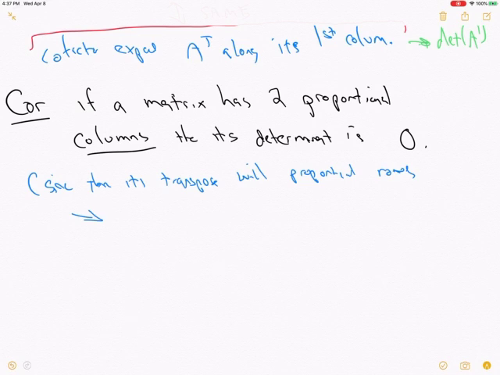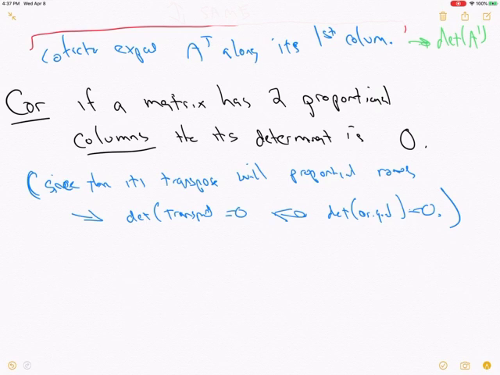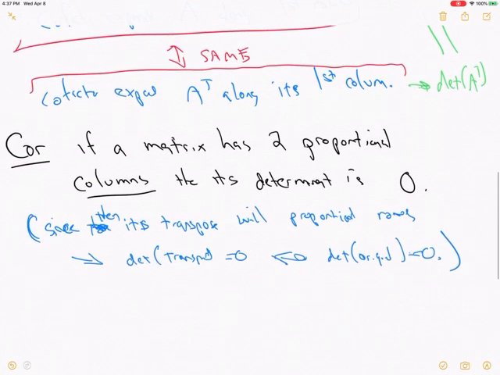So that implies that the determinant of the transpose is equal to 0, but that's equivalent to saying that the determinant of the original is also equal to 0. Sorry, my handwriting is especially bad today.